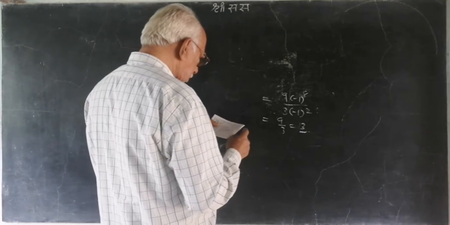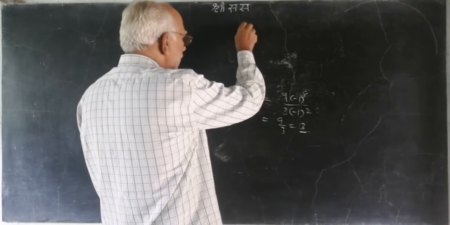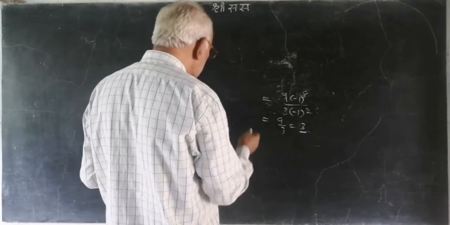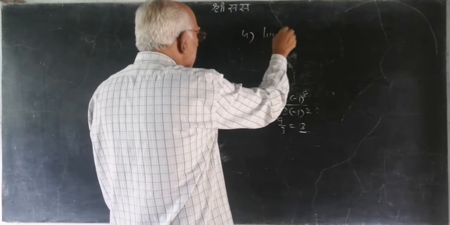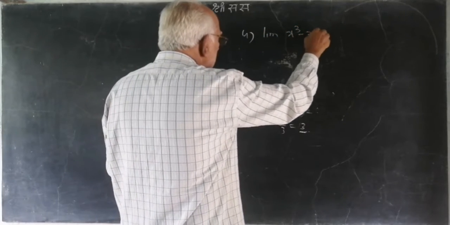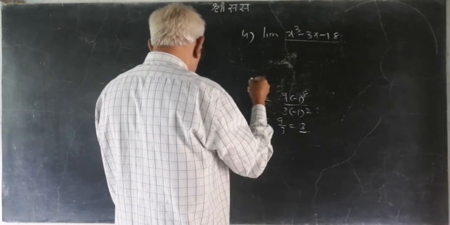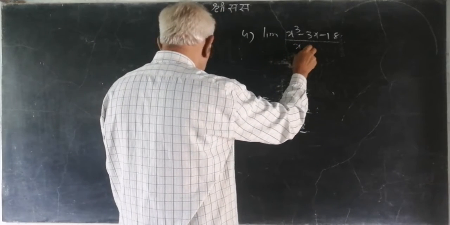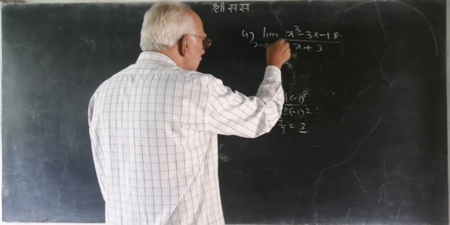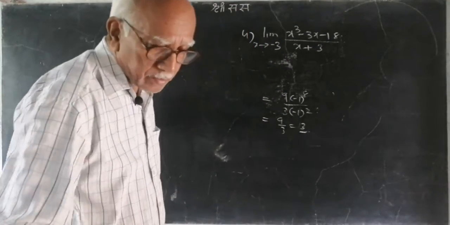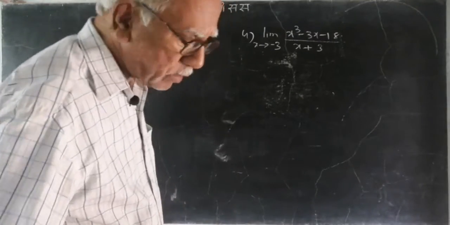So now we can move to the factorization concept. By factorization, we can remove the point of discontinuity. So go through limit of x square minus 3x minus 18 divided by x plus 3 as x tends to minus 3. Now let us substitute the value minus 3 here.